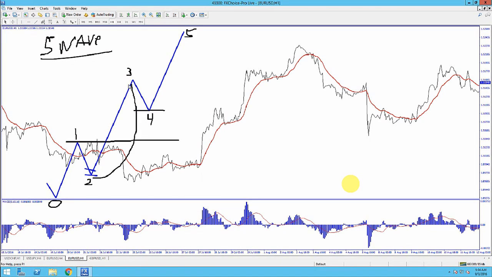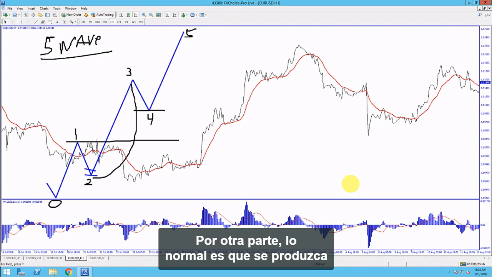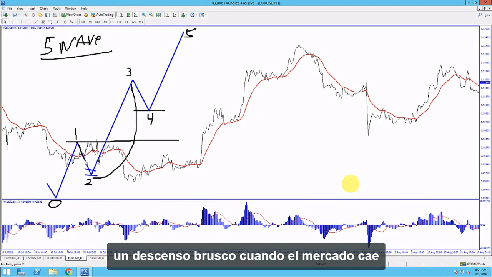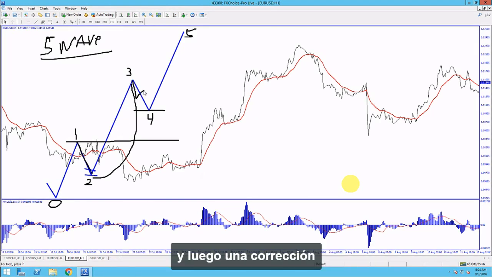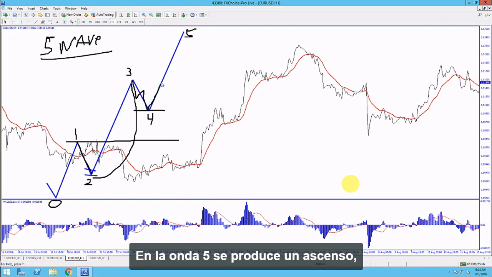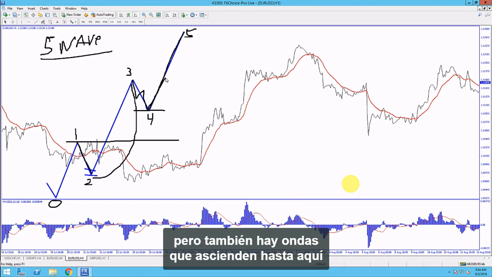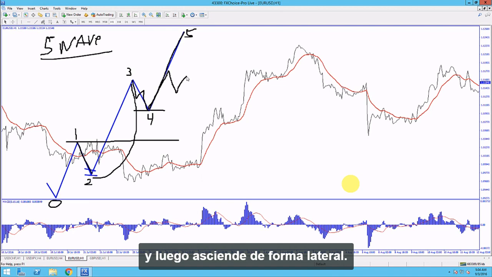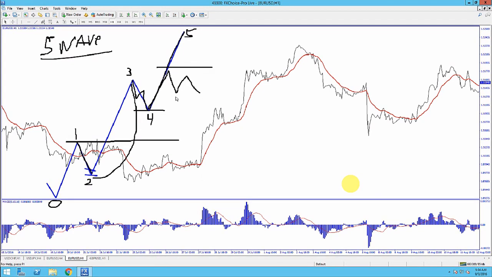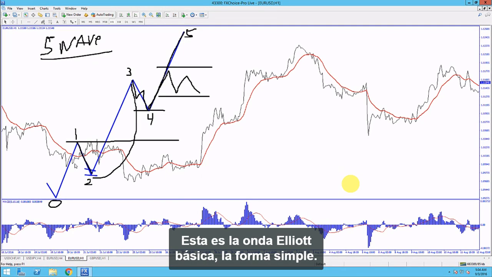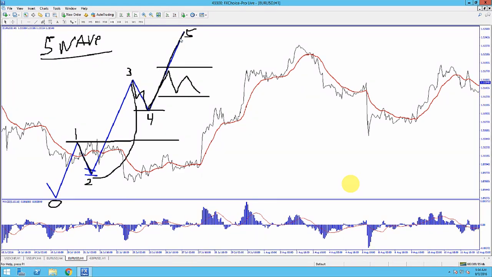The other thing is that typically you would have maybe a sharp move down where the market just fails, and then you would have a correction down on the 3 to 4 wave. The 5th wave, typically you get a big move up, but we also have waves that go this high and then go sideways. So that is basic Elliott wave in its simplest form.